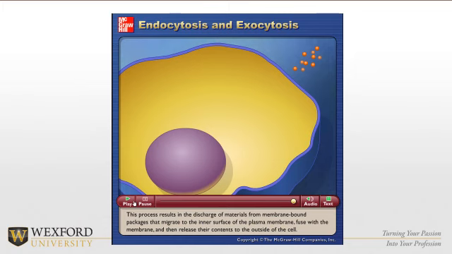Hopefully you can get a better idea watching this animation how the cell pinches, invaginates and then pinches in and actually creates that new membrane-bound vesicle, bringing in what was once on the outside, and then once again that reverse movement going to the outside. So I think these animations are pretty decent for the publisher and help you visualize these things.